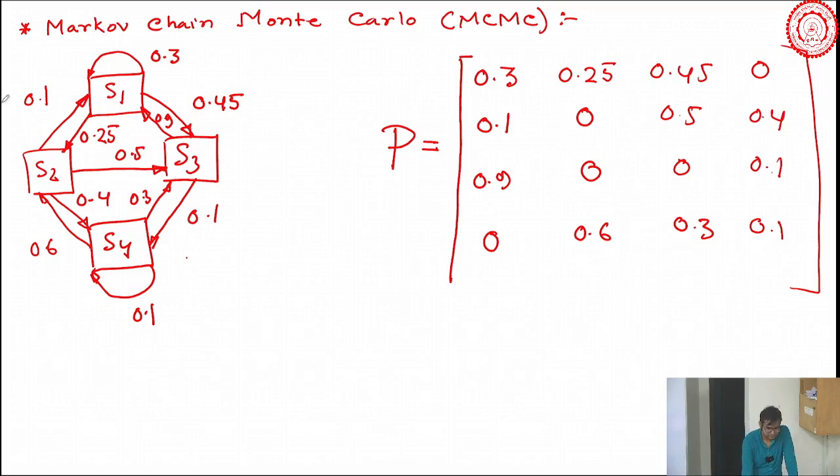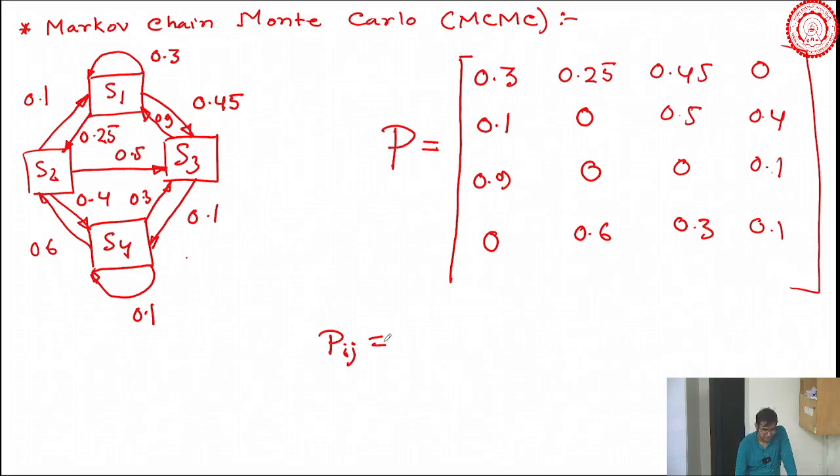If I take one element, let's call that element Pij. What does it mean? It means the probability of transitioning from Si to Sj. This is what it means.